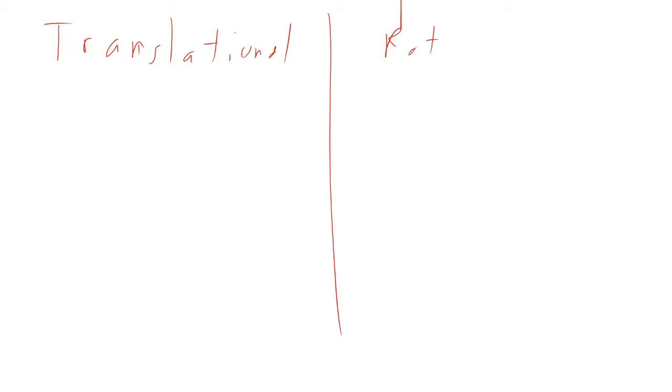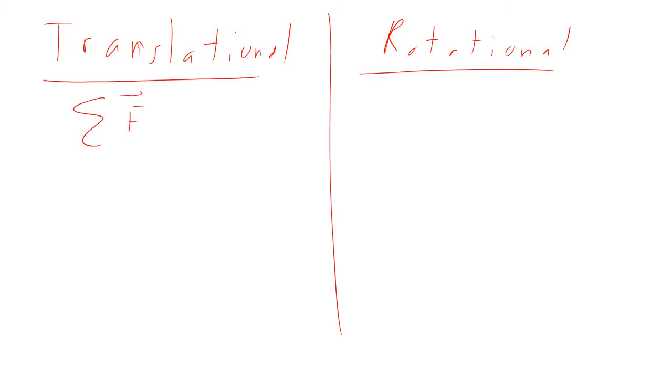The difference is that we now define two types of equilibrium: translational and rotational. For translational equilibrium, the sum of the forces equals 0.